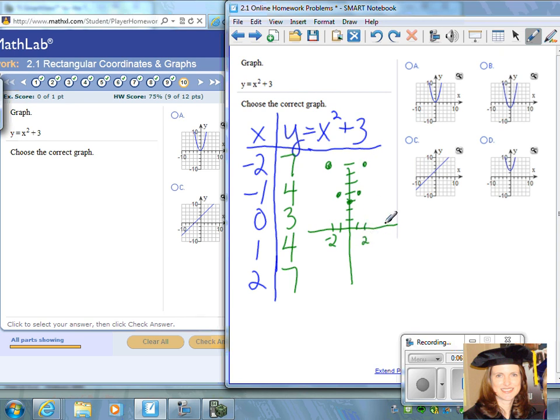This is positive 2 on the x-axis, and this is the y-axis. Connect those points with a curve, and we see we have this parabola shape. And that parabola shape, if you look at all the choices, most closely resembles choice D.